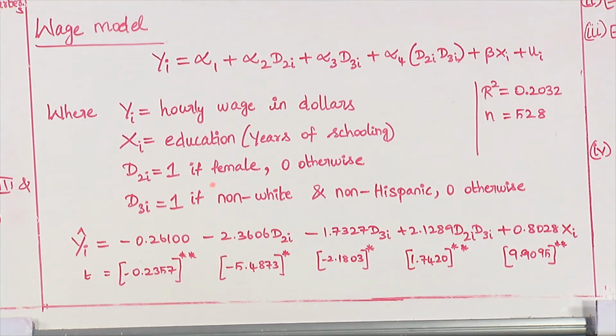D2i is equal to 1 if female, otherwise male. So, these are the dummy variables. We are getting the interaction effects through the multiplication of D2i and D3i. If this is significant, we may conclude that there is an interaction effect between gender and race variables.